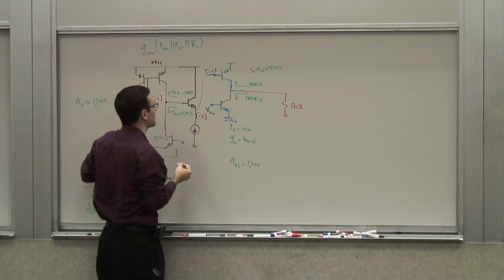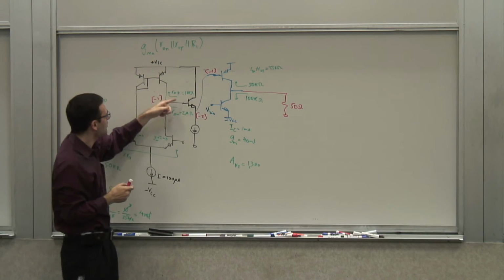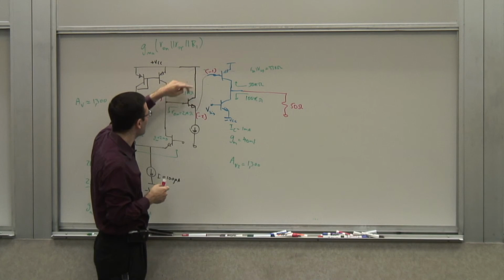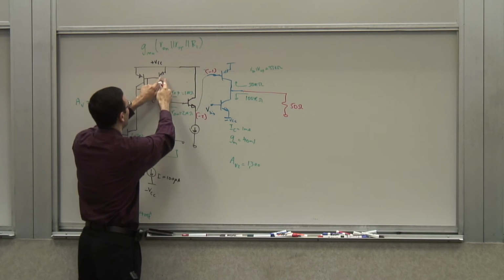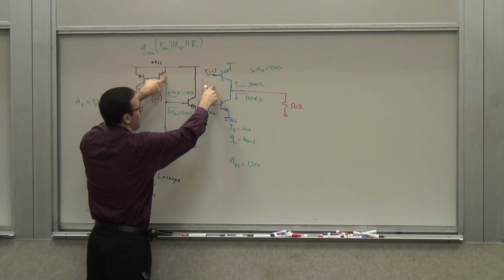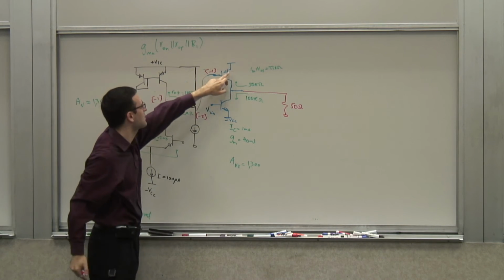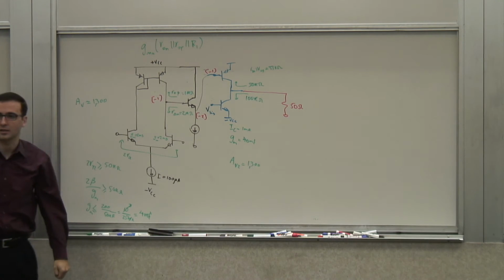So I have a conflict, right? This tries to pull this down, and this tries to push it up. So this gets saturated, and this guy gets saturated. Both transistors will go into saturation if you actually connect it like that.